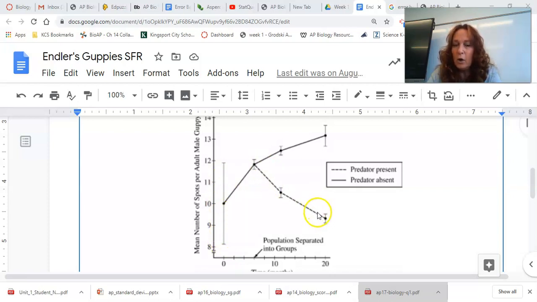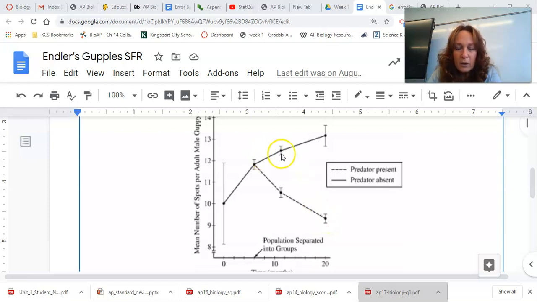So these are just responding to changes in the environment, and they're getting tighter, as in your number of spots is less varied, and it's also decreasing. So from time 6 months to 14, significant difference, decrease. From 14 to 20, another significant decrease.